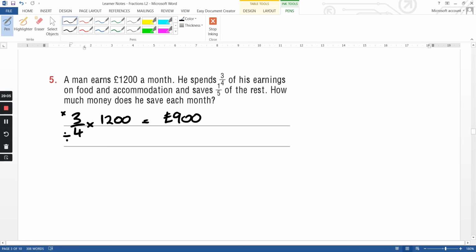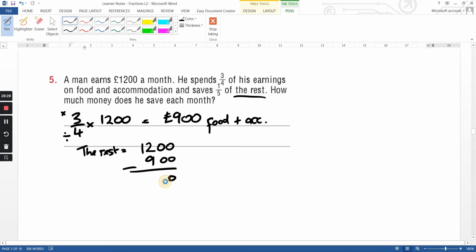Let me just double check. So he spends 3/4 on this, so this is on food and accommodation. Okay. He saves 1/5 of the rest. So I need the rest now. Well, if that's £900, the rest is going to be 1,200 take away 900, which is £300.